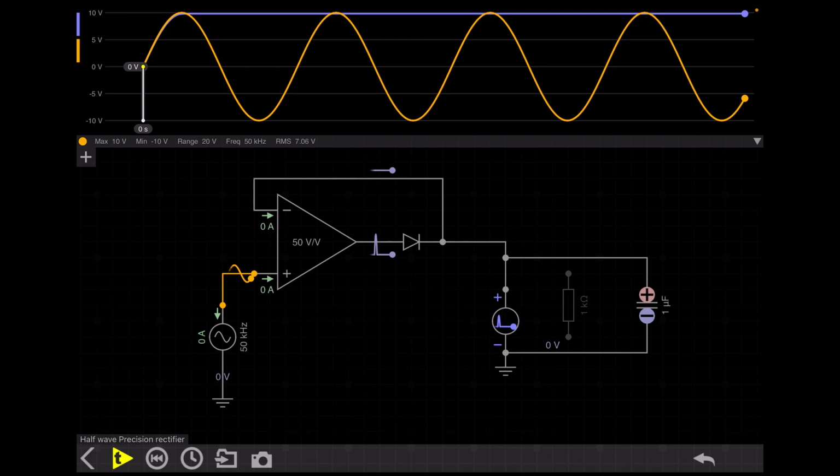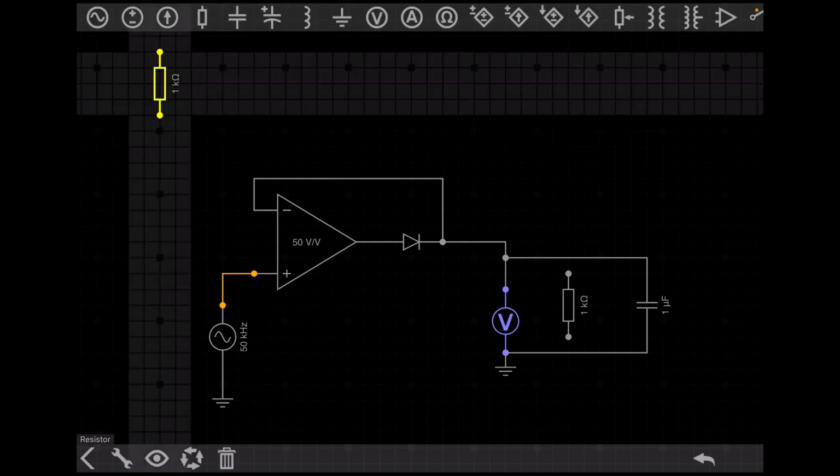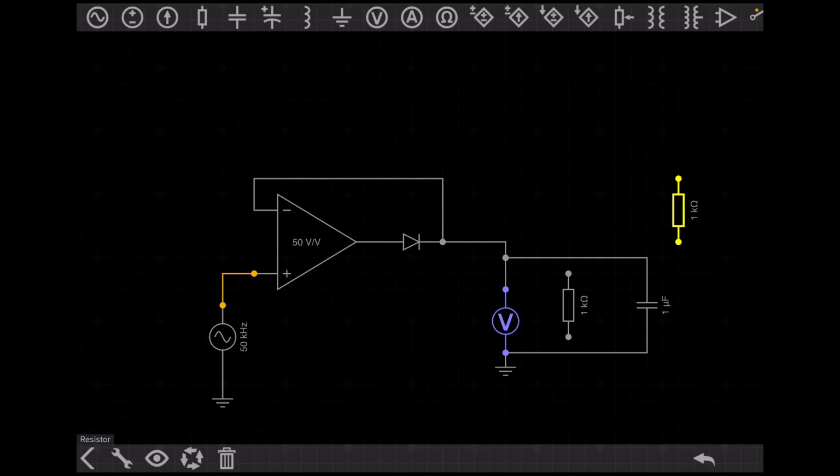When it reaches the peak, the capacitor doesn't have any path to discharge its charge. As there is no path to discharge, the capacitor holds its voltage, and you can see the output is constant. Now I will show you what happens if I connect a resistance.